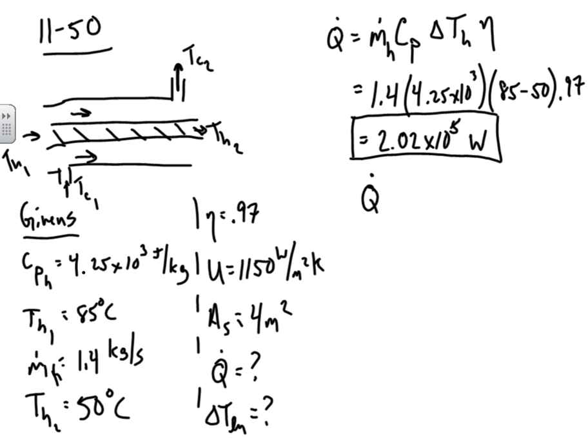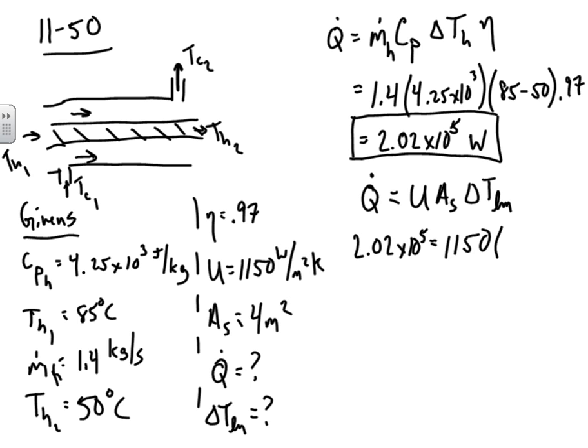So we know that for heat exchangers, we have this equation that looks like Newton's law of cooling that says that heat transfer rate is equal to the overall heat transfer coefficient of the heat exchanger times the surface area times the log mean temperature difference. So now we know what Q dot is, 2.02 times 10 to the 5. We're given the overall heat transfer coefficient, 1150.